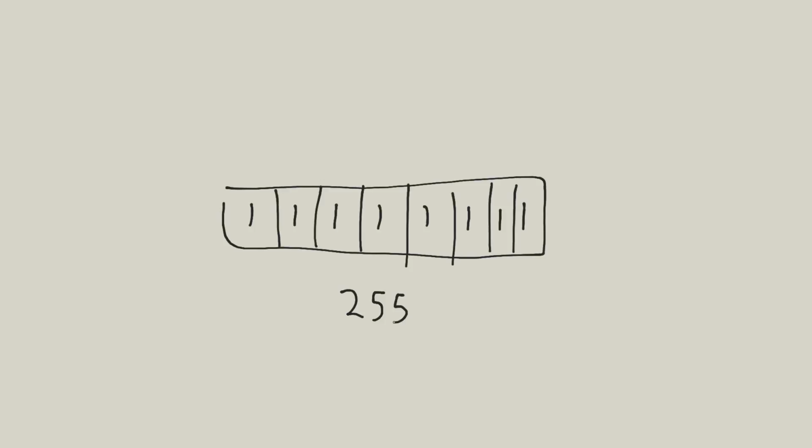So what's going to happen is we add 1, and like our last example, this first one's going to go to 0. It's going to carry over. This one's going to go to 0. This one's going to go to 0. This one's going to go to 0. This one's going to go to 0. All the way down the line. And then 1, right? Unfortunately not. There's nowhere for that 1 to go because we only have 8 bits available to us.